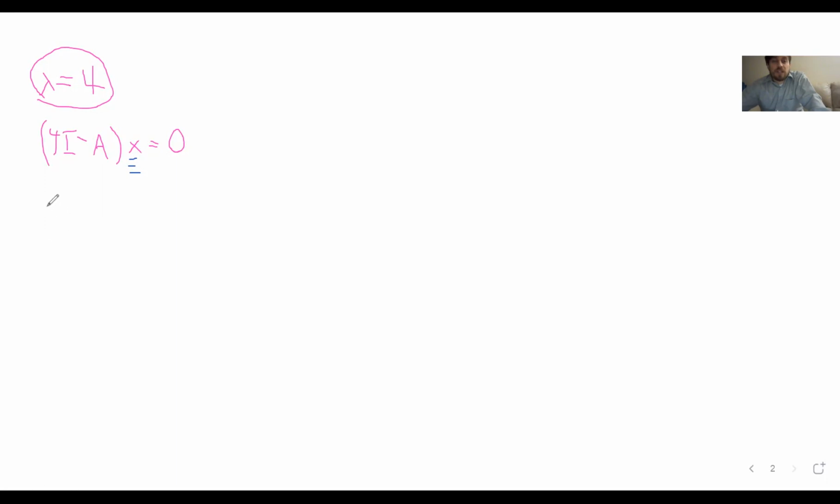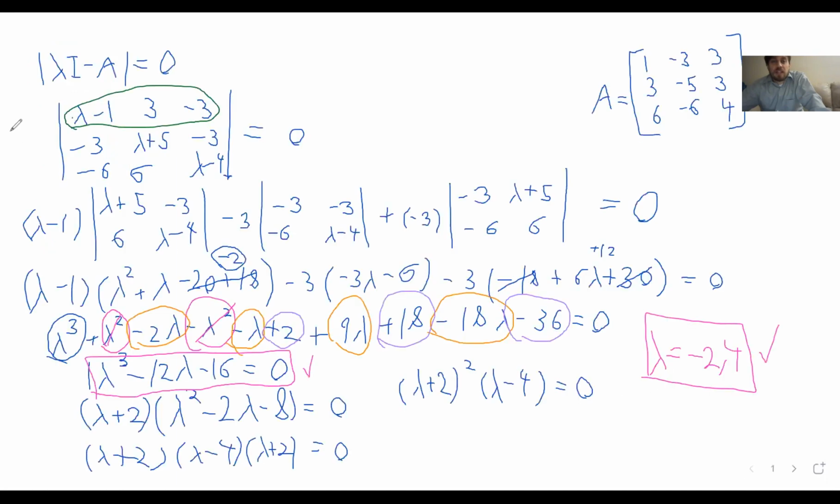And so to solve that, just think we have the linear system of 4I minus A. Now 4I minus A is just this thing when lambda is 4. So what you have to do is plug that lambda equals 4 into that to get 4I minus A.